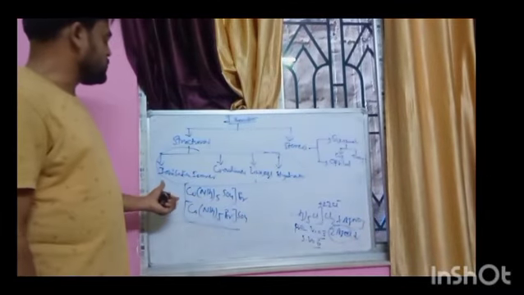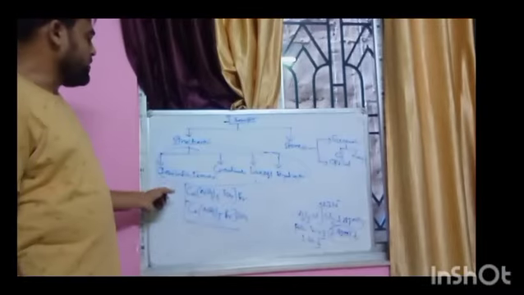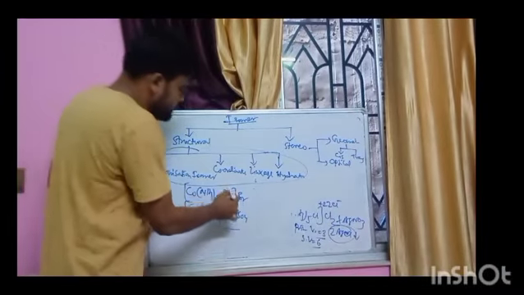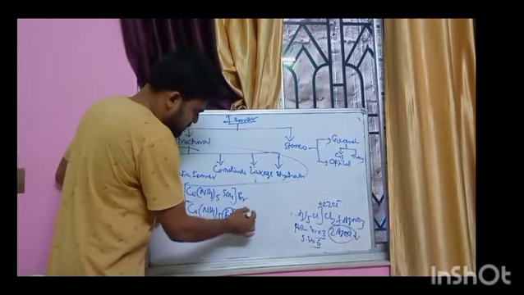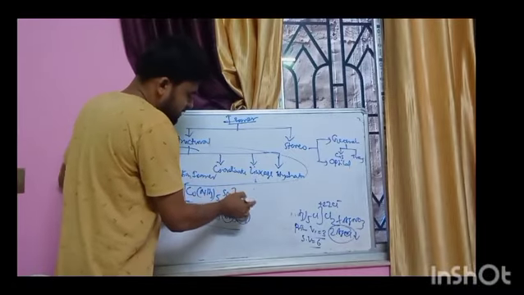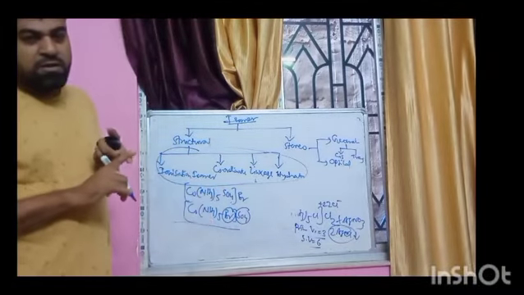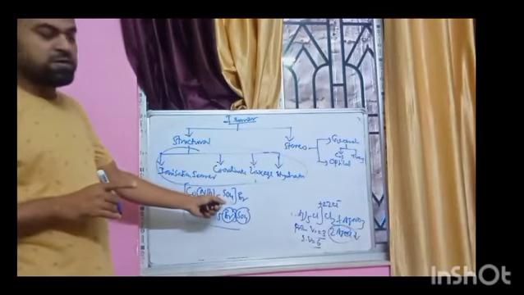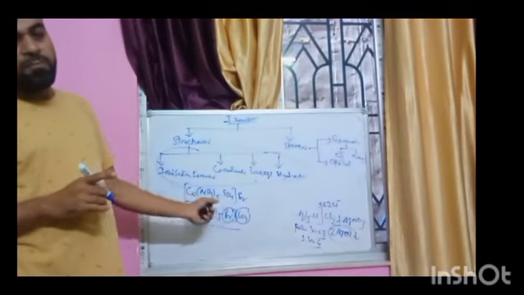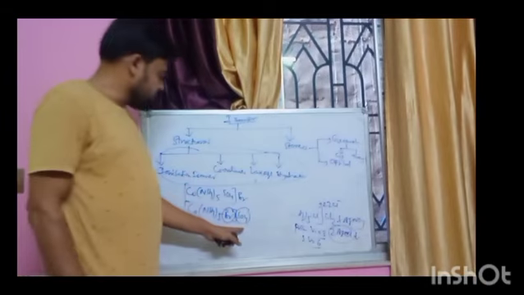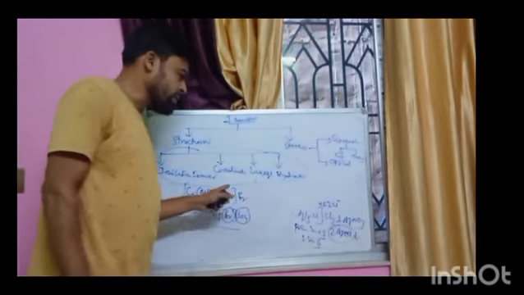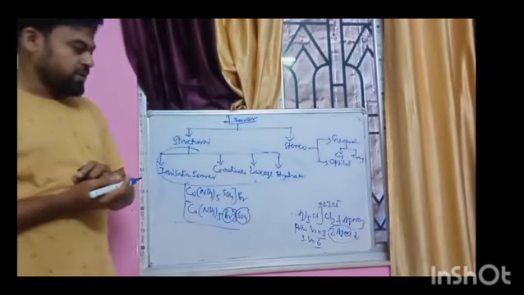These two are called ionization isomers, as the anion exchanges between the inside of the third bracket and the outside of the third bracket.